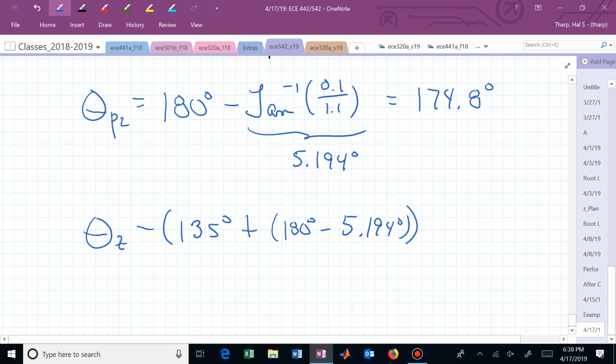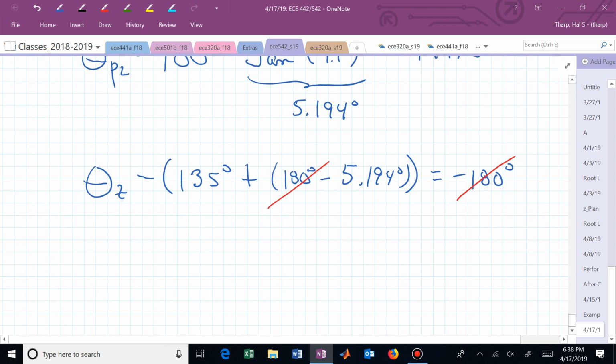And the reason I kept that is because I have this minus 180 degrees over there, so that these two cancel, and I'm left with theta sub z equaling 135 degrees minus 5.194 degrees, or about 130 degrees.